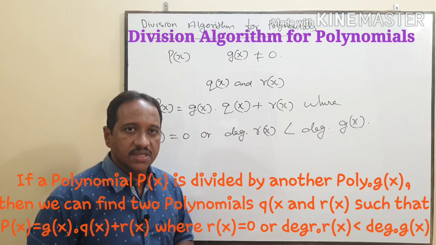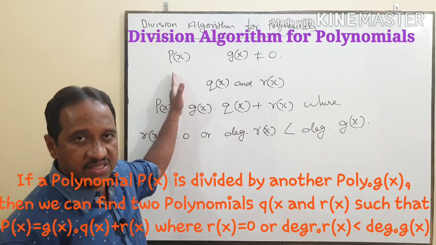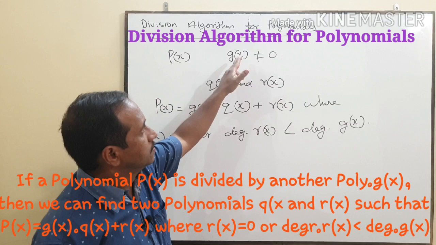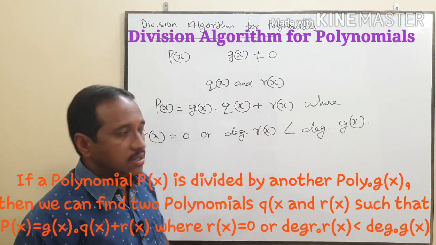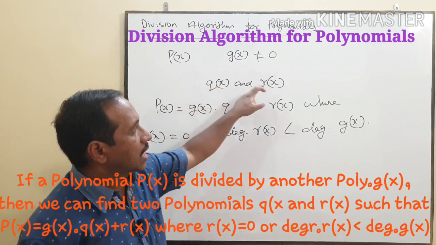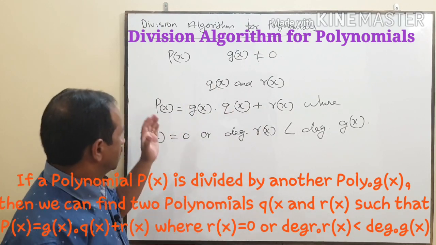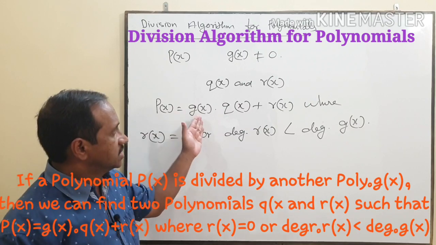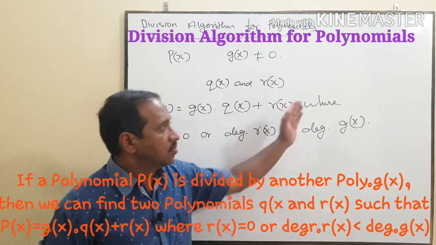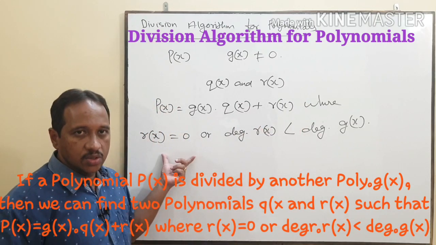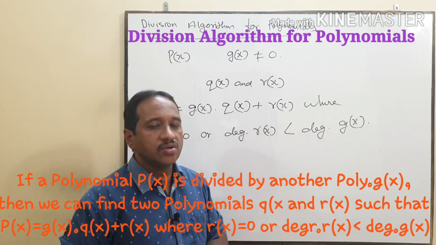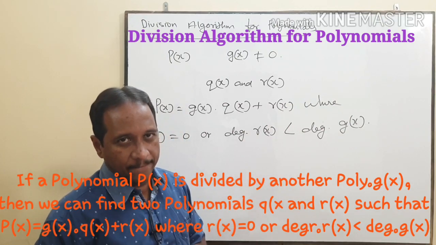The statement is, if a polynomial p of x is divided by a polynomial g of x in which g of x is not equal to 0, then we can find two polynomials q of x and r of x such that p of x is equal to g of x into q of x plus r of x, where r of x is equal to 0 or degree of r of x is less than degree of g of x.